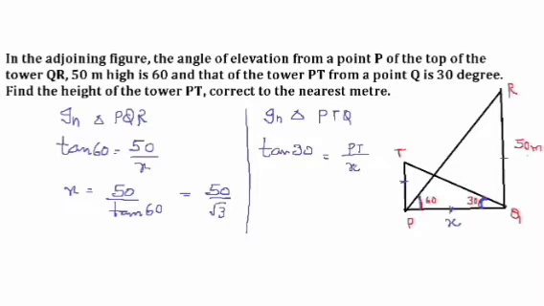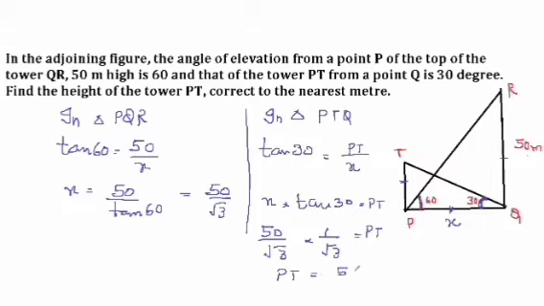Now I need to find out PT, so I can write PT equals x into tan 30. The value of x we have calculated is 50 by root 3 and the value of tan 30 is 1 over root 3, so PT equals 50 over 3. Dividing, we get 16 and 2 over 3 meters.